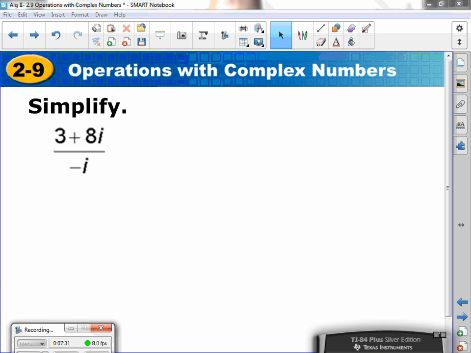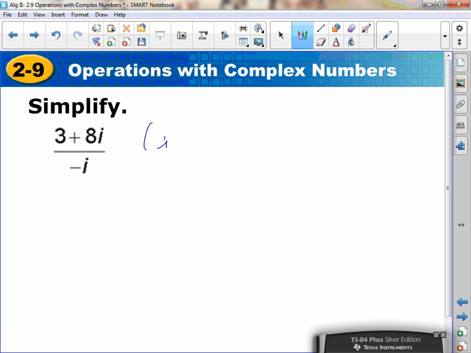All right, for this one, I have 3 plus 8i all over negative i. If I multiply by the conjugate of the denominator, which is just i, you multiply by the conjugate, which is the opposite.